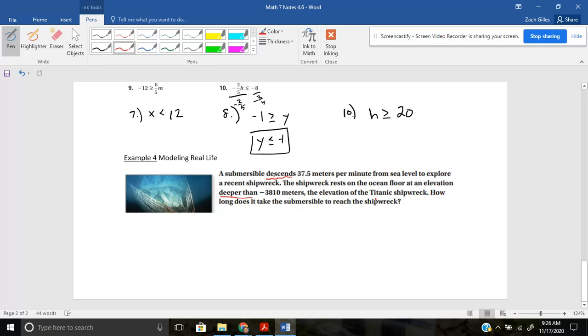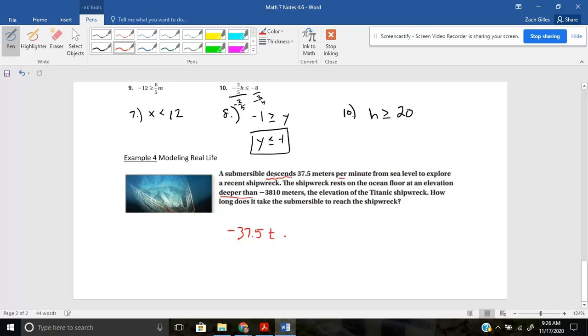Okay, so we're trying to find how long that takes. Well, I know it descends at 37.5 meters per minute. So descending would be -37.5 meters per minute. Per means multiply. Do I know how many minutes it takes me to get this deep? No, that's what I'm looking for. I'm looking for my time.